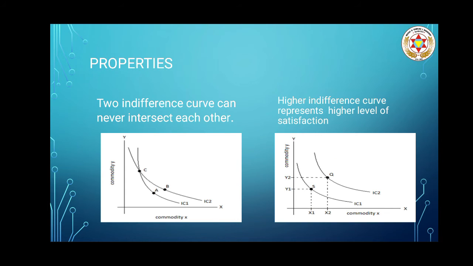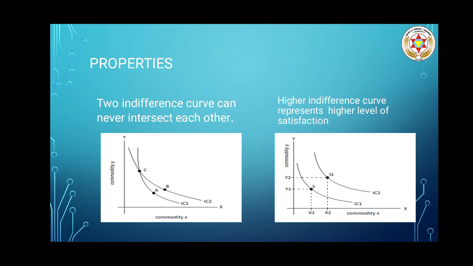The next property is that two indifference curves can never intersect each other. In the diagram, when IC1 intersects IC2, that cannot happen in the case of indifference curves.